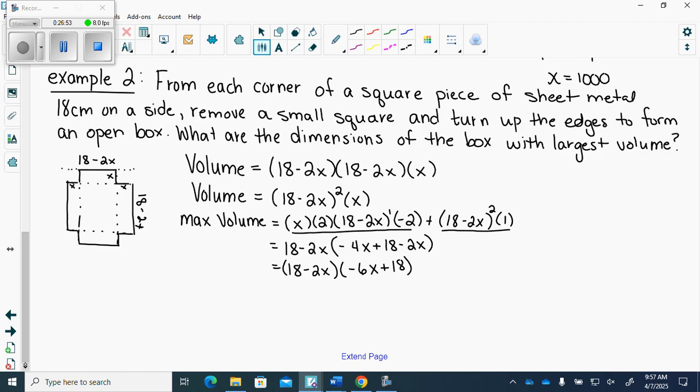I have to set them equal to 0 to get the critical numbers. 2x equals 18, x equals 9, and then negative 6x plus 18 equals 0, so x equals 3.